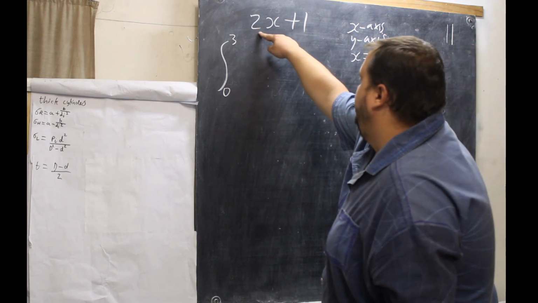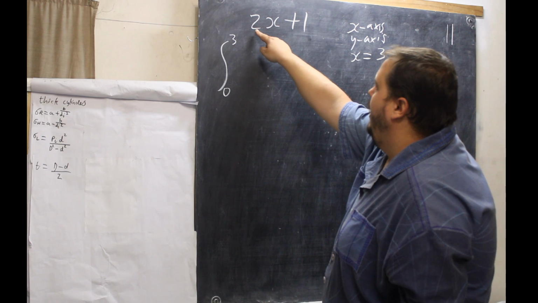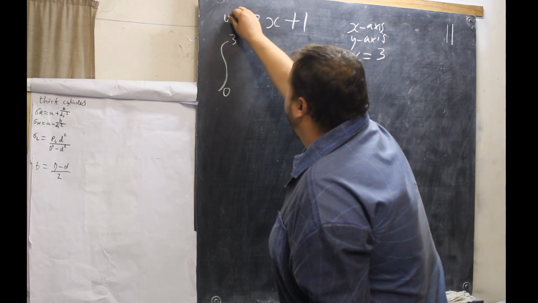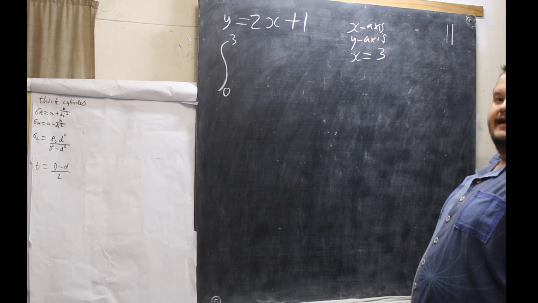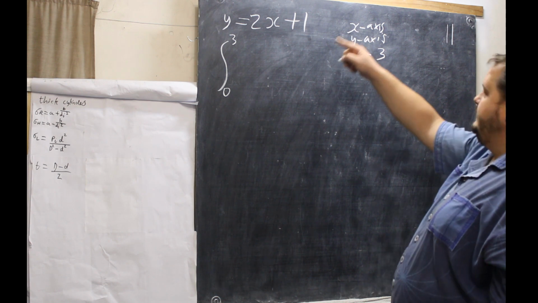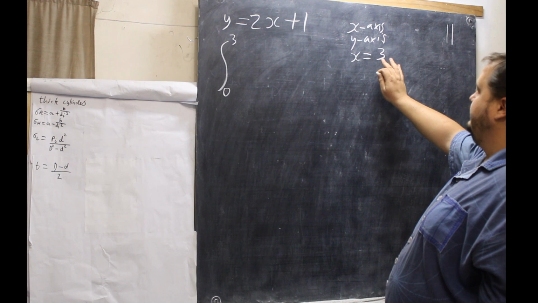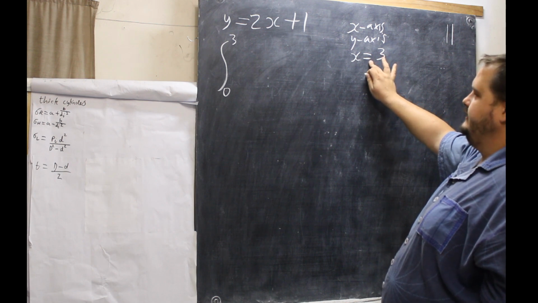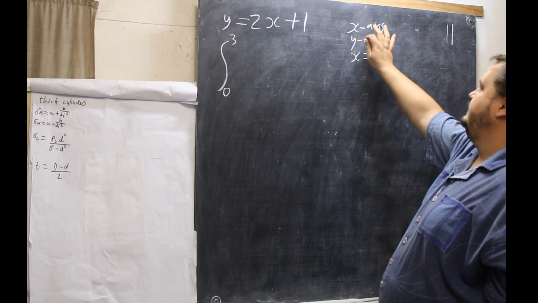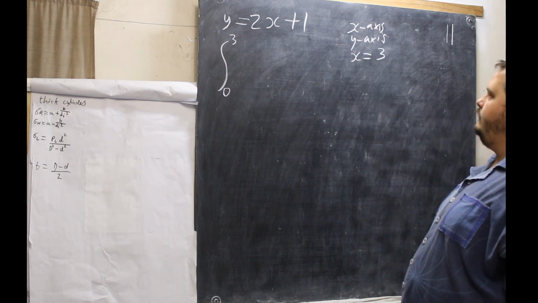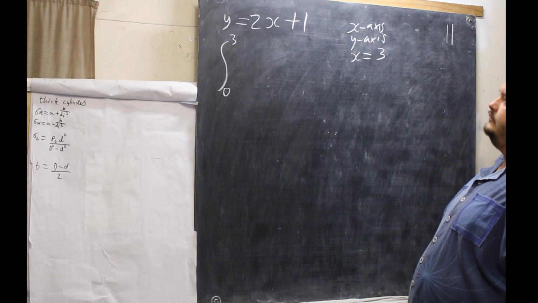So how this graph will look, this is y is equal to mx plus c in essence. When you see that graph, it cuts the x-axis at 3, and it'll cut the y-axis. What we are doing, essentially, is figuring out what the area is in between.